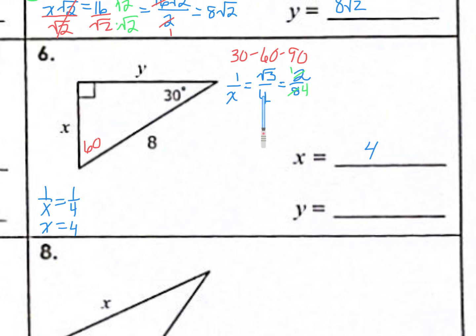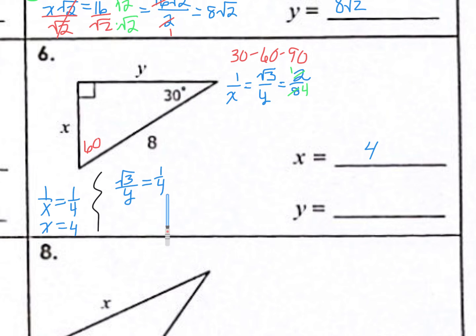Next, we're going to take radical 3 is to y as 1 is to 4. So again, you're always using that full ratio in both of your calculations if you have to do 2 different proportions.